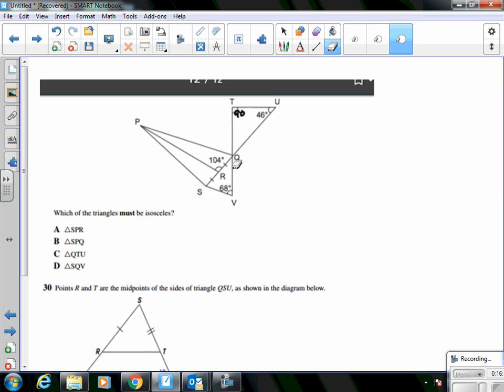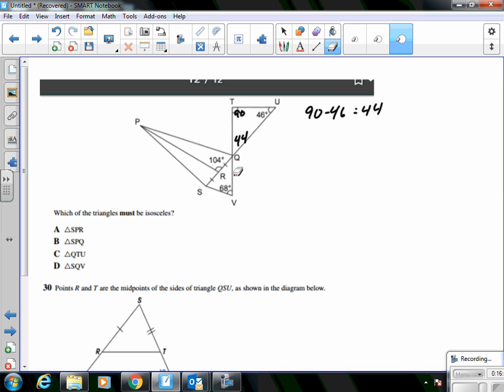So we have to focus on the angles here, because that's really all the information they gave us as far as numbers go. So if I look at triangle TUQ, I've got a 90-degree angle here, so that means these two acute angles should add up to 90. So if I take 90 and subtract 46, it's going to give me 44. So I've got two different angles. They're close, 44 and 46, but they're not the same. So TUQ is not an isosceles triangle.